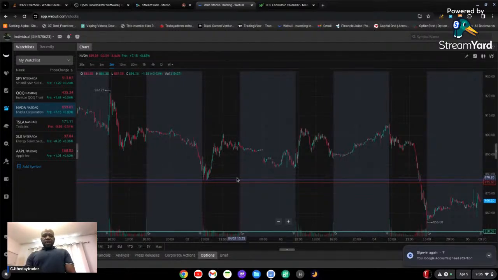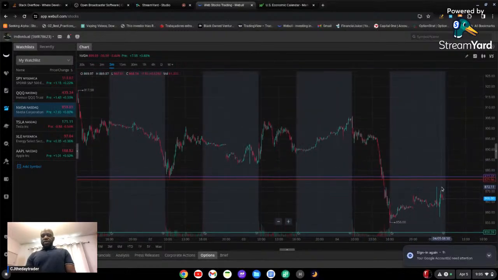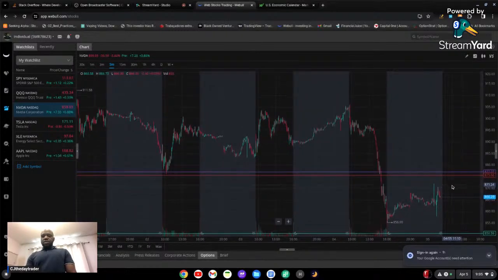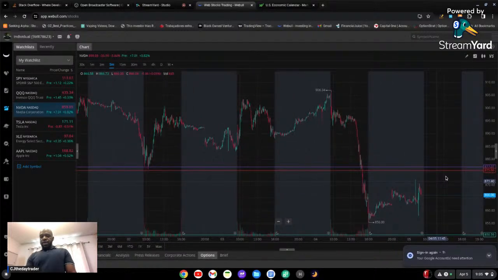So we have demand that was active on 4.2. We turned that red because yesterday price broke through that level and turned it into resistance. So if anything, we're looking for a retest back up to this 876 level, and potentially come back down to 856, where we have yesterday's low and pre-market move.